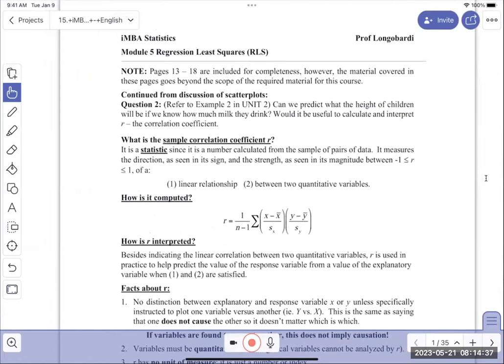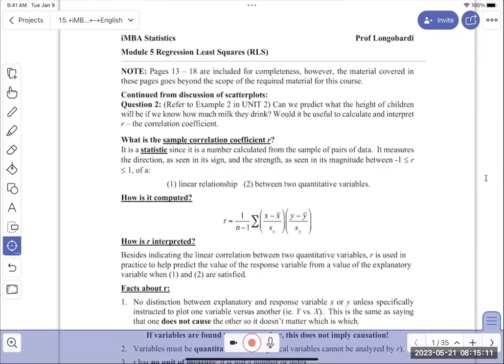Now, in this class we only focus on a relationship that is linear between two quantitative variables, okay? And we gather our data and we produce a measure of the direction of the relationship and the strength of that relationship.